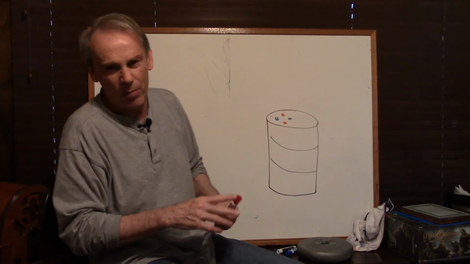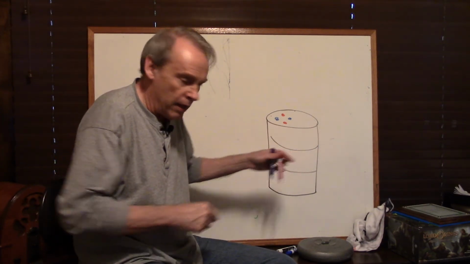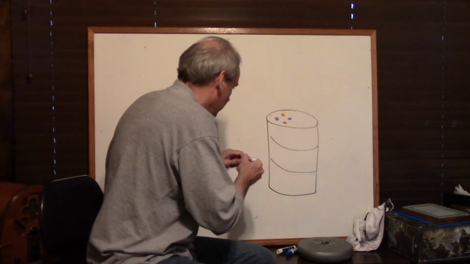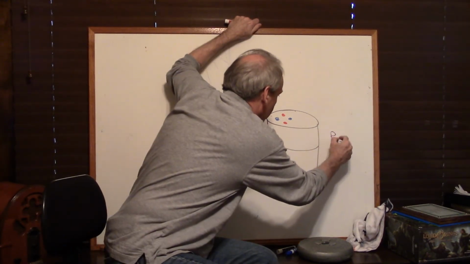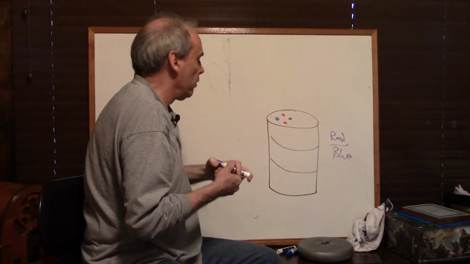I'll draw the whole thing full, but I'm not going to do it. All right, so, and then you've got a 1 cup measuring cup that you're going to use. You want to know what is the ratio of red to blue marbles in this huge barrel. What is the ratio of red to blue marbles?